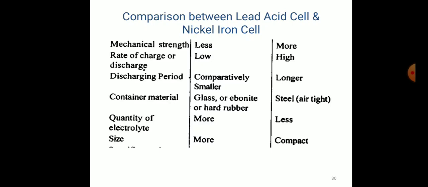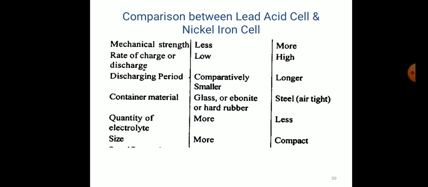Coming to the lead acid cell, the mechanical strength is very low, but in the nickel iron cell the mechanical strength is more. The rate of charge or discharge is low in the lead acid cell, and high in the nickel iron cell.